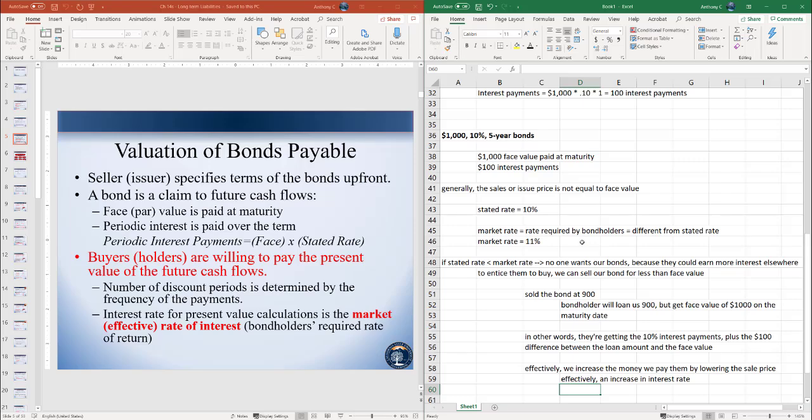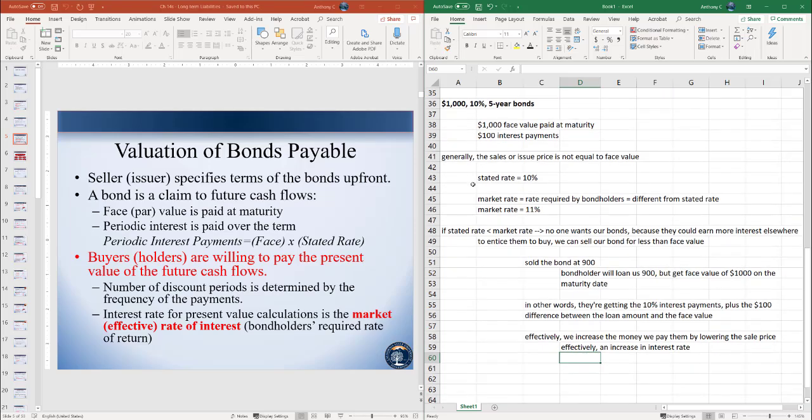So where I'm going with this is, this is the reason why generally the sales or issue price isn't equal to the face value. It is because generally our stated rate isn't equal to the market rate. If it's lower, no one's going to want to buy it.